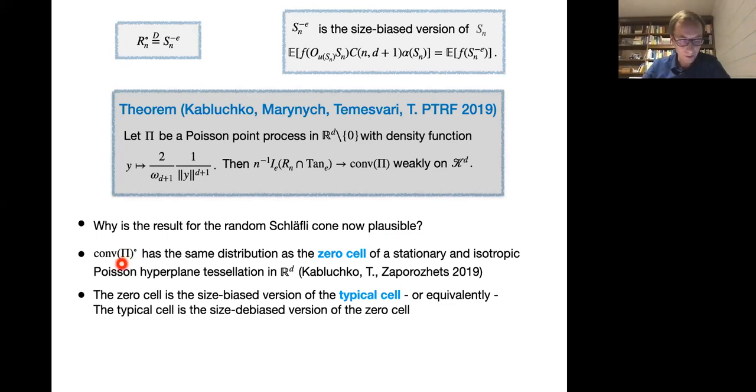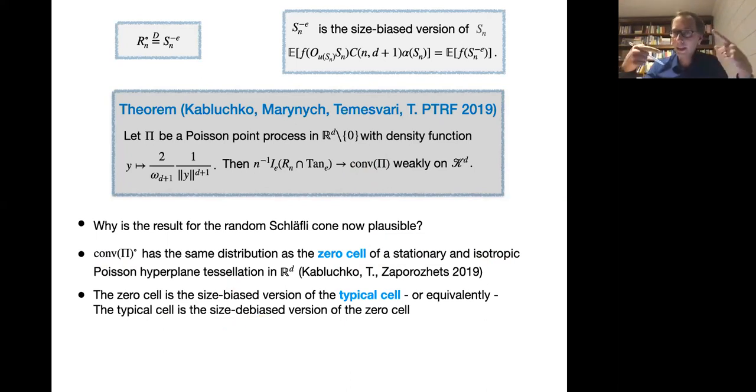Because of the following thing: the duals of these convex hulls of these Poisson point processes have the same distribution as the so-called zero cell of the stationary and isotropic Poisson hyperplane tessellation. The zero cell is just the cell of this tessellation containing the origin, but the zero cell is the size biased version of the typical cell, or equivalently, the typical cell is the size d-biased version of the zero cell.